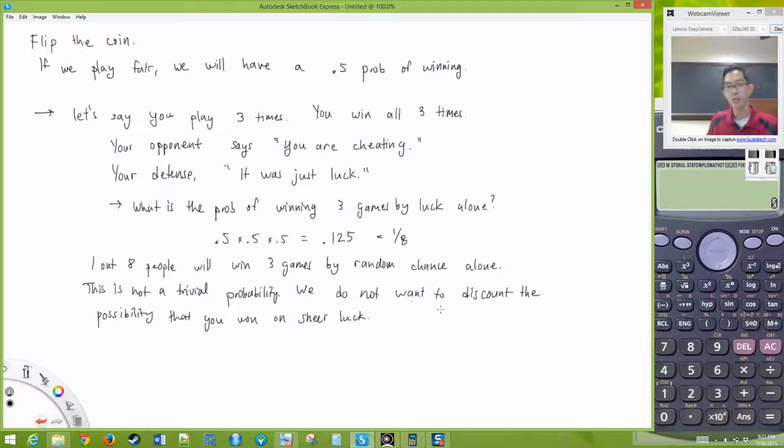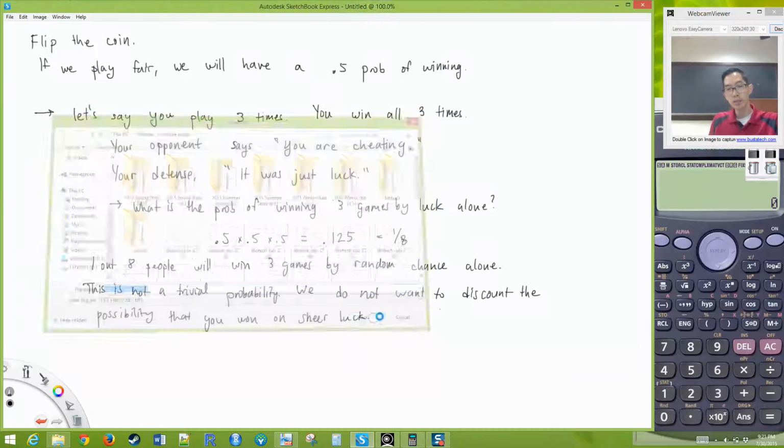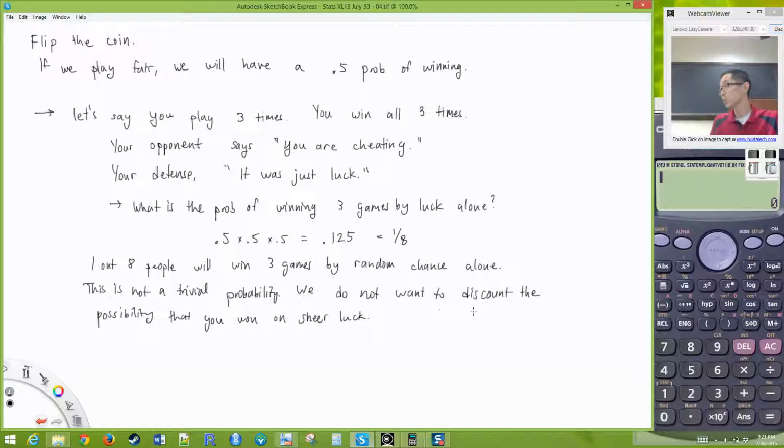However, does this prove that you weren't cheating at all? No, it doesn't. All this says is that you won 3 games out of 3. You could have been lucky. Could you have actually been cheating and that's why you won 3 games out of 3? It's also possible. So I'm going to write a note: this does not prove that no cheating was involved.